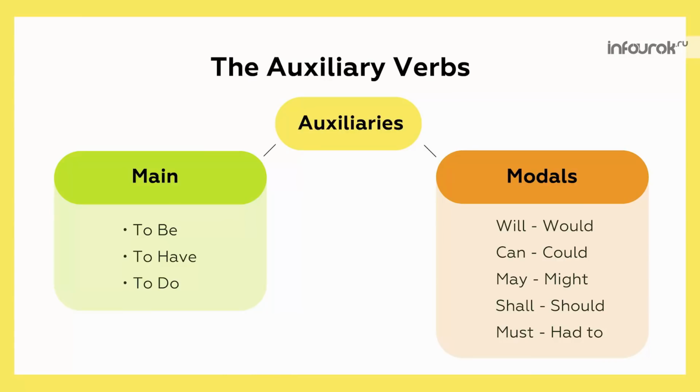First of all, auxiliaries are divided into two main sections, what we call the main auxiliaries and the modal auxiliaries. The main auxiliaries are only 3 in number, and they are very, very important and powerful auxiliaries. They are the verb to be, the verb to have, and the verb to do.